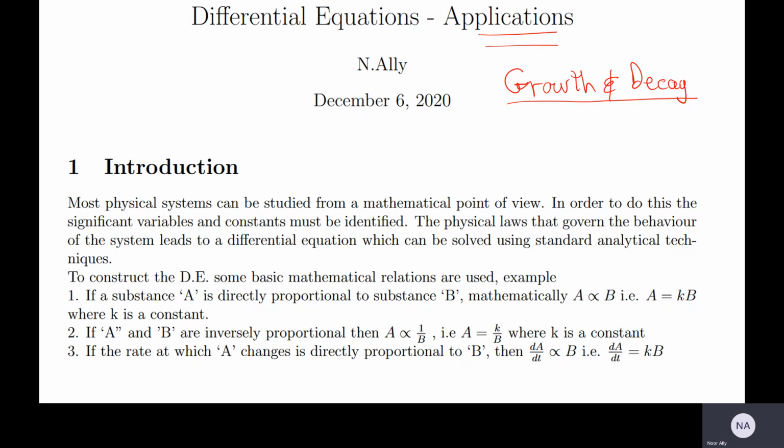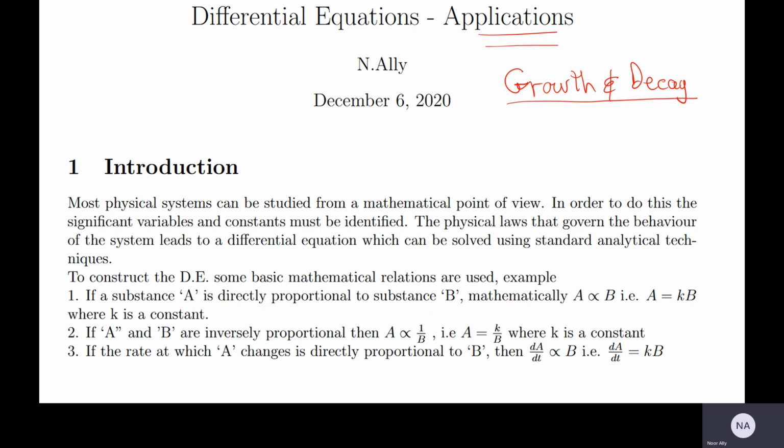So, for instance, I may start with, in physics, an isotope of any particular element, and let's say we have a kilogram of it, and it starts decaying. Then after 10 years, we would like to know how much has decayed and how much remains.